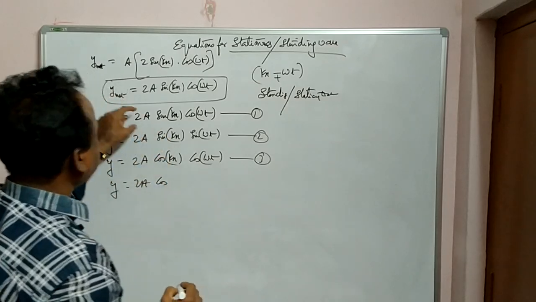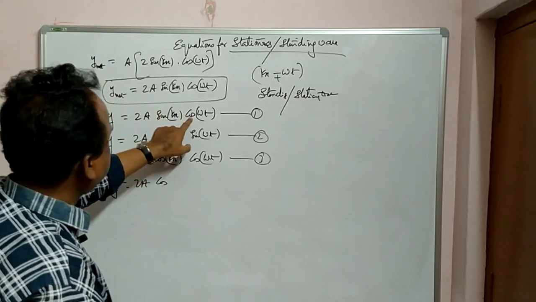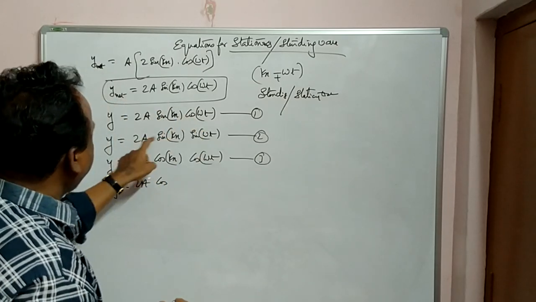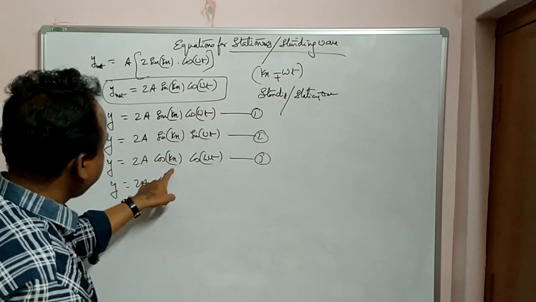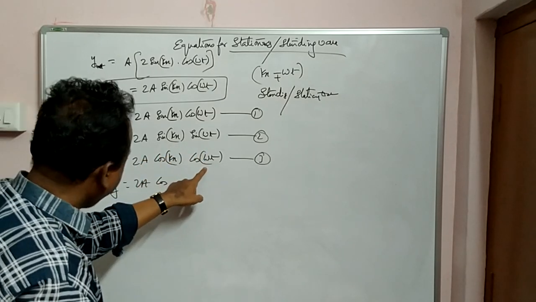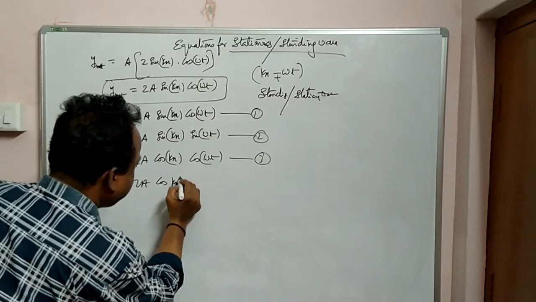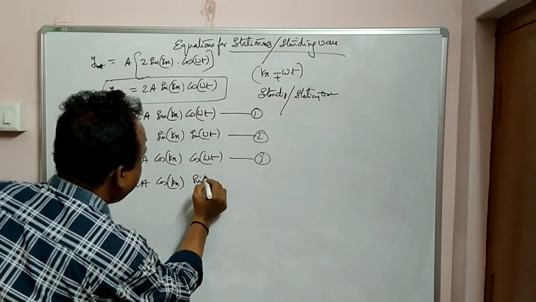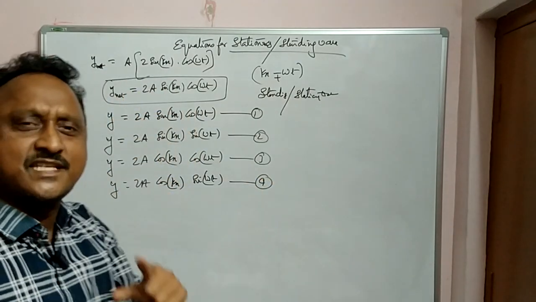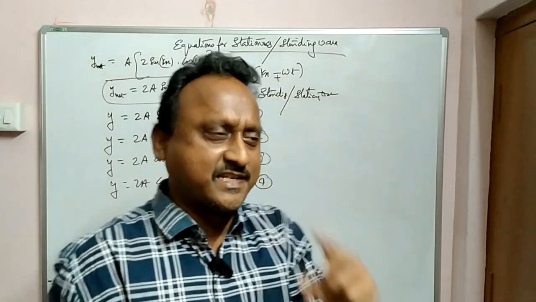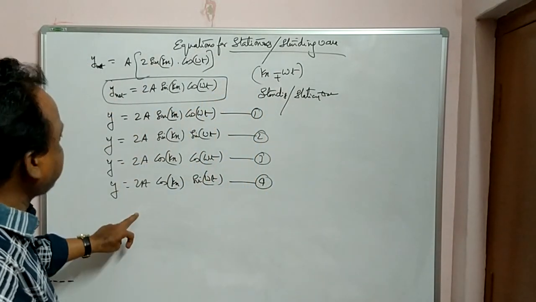See, 2a sin kx cos omega t, 2a sin kx sin omega t, also 2a cos kx cos omega t, also 2a cos kx sin omega t. All these four equations represent a standing or stationary wave. You can write in any fashion.